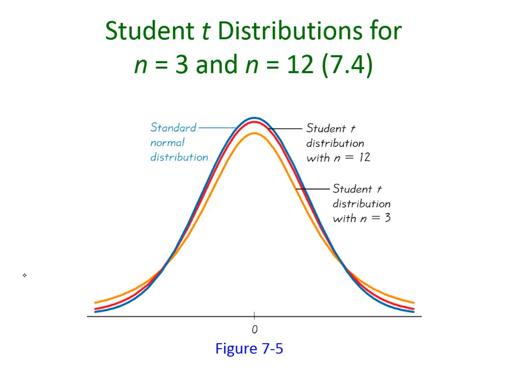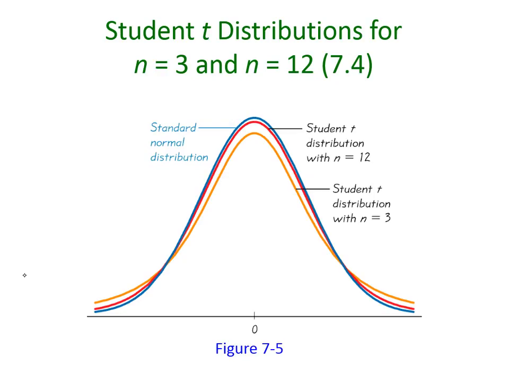When my sample size was only 3, that's this yellow line, then notice how it goes out further into having more in those extremes. If you only had 3 in your sample size, you have the possibility of getting more of those extreme values. You don't have as many in your sample to balance each other out.